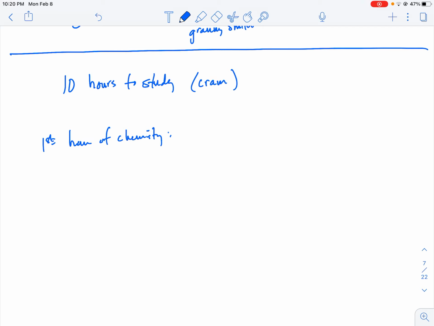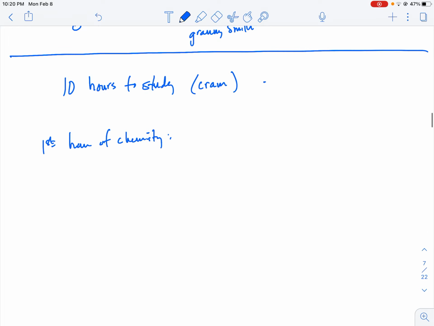The longer you study chemistry, the smaller the expected gain in chemistry. But then what do we call this? Increasing marginal opportunity cost. Well, why do we say that? Because every hour that I'm studying chemistry, what am I not studying? Econ, right? So in our example, you had 10 hours to study your cram, and you could study econ or chem.